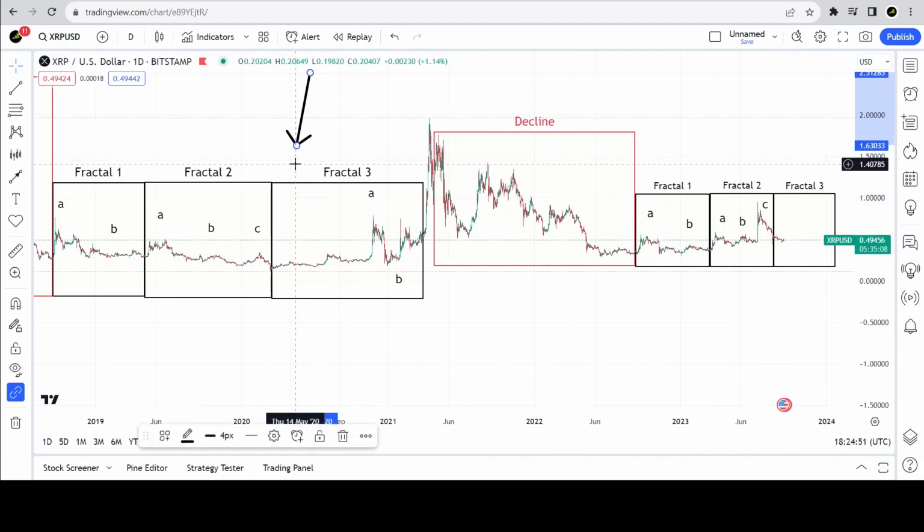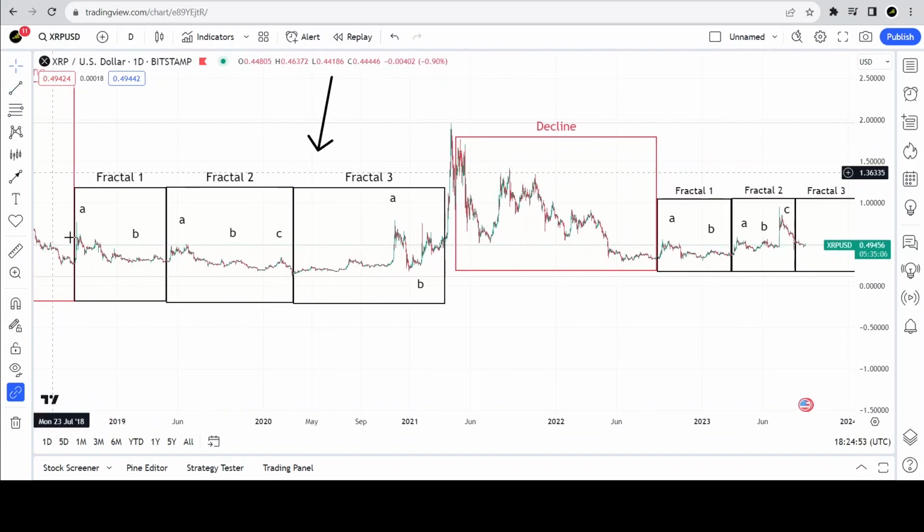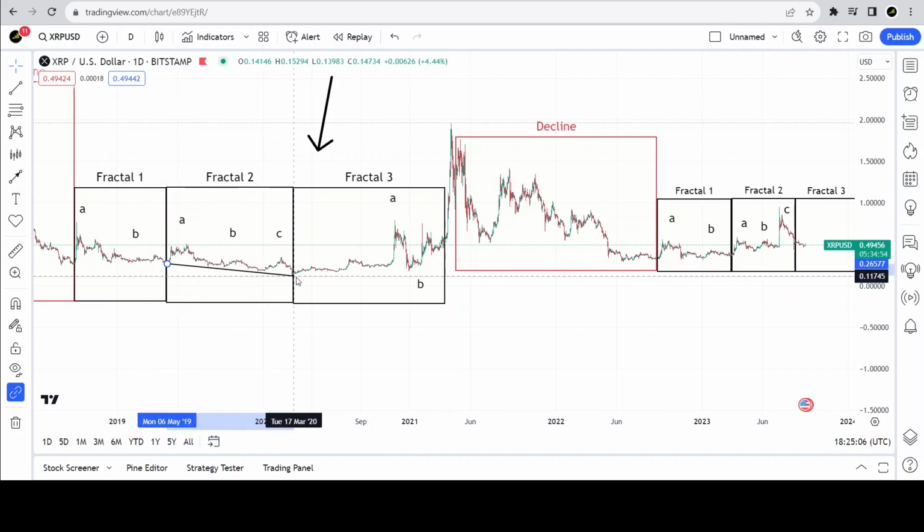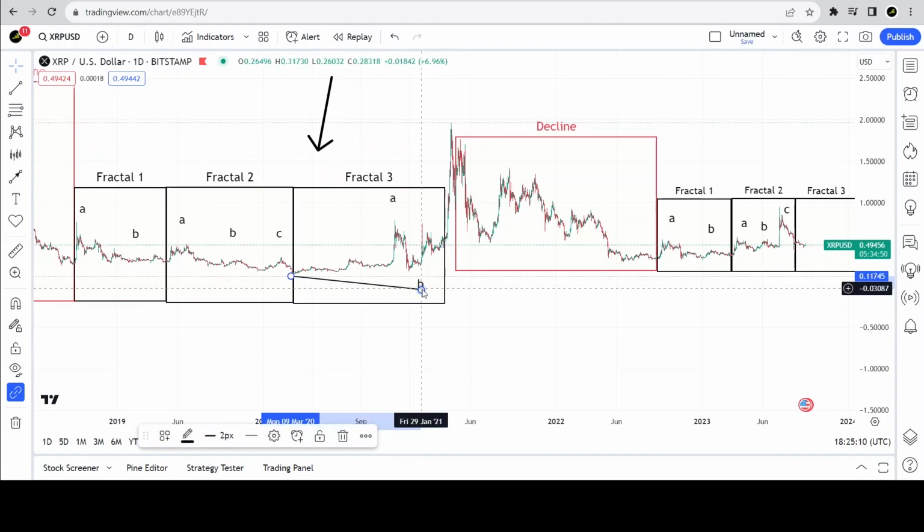Another thing that you should be aware of, so if you look here, for instance, this fractal right here is kind of on a flat plane, whereas over here, it's not on that flat plane, it slopes downward. And then over here, it goes back to a more flat trajectory.